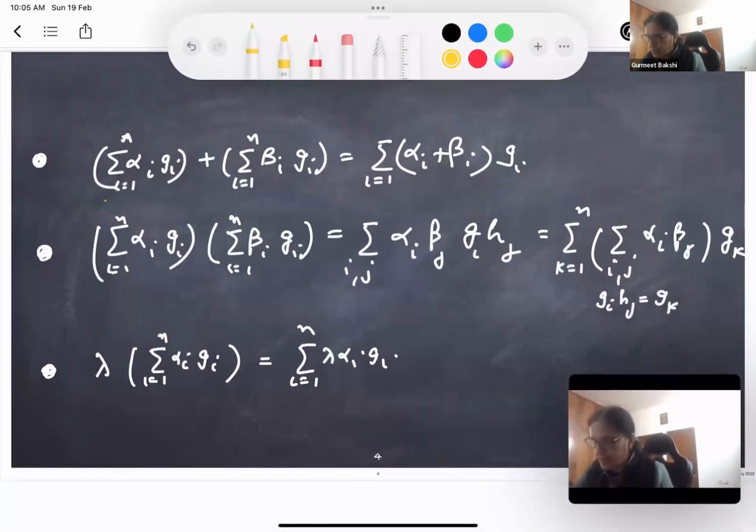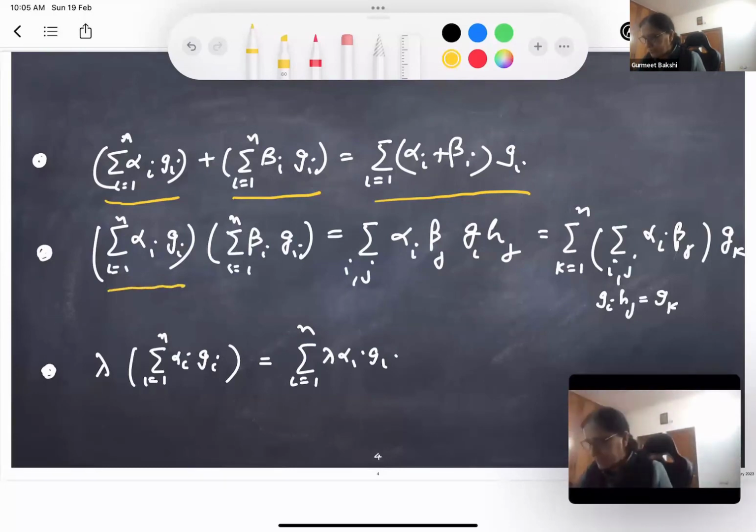So if I have two elements of FG, how do you add them? You add them component-wise. You add the corresponding component of each group element. And how do you multiply them? You multiply them using the group multiplication and the field multiplication, and you assume that the group elements and the field elements commute.